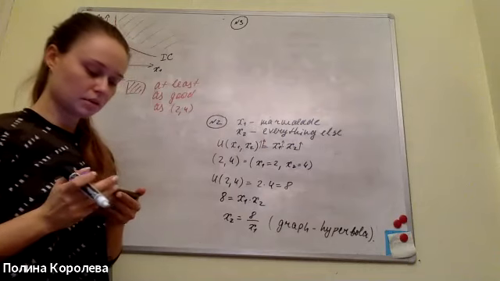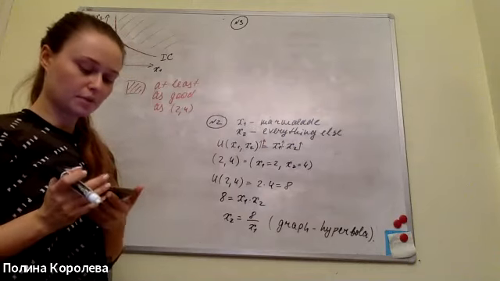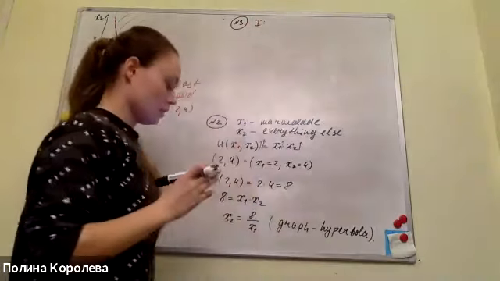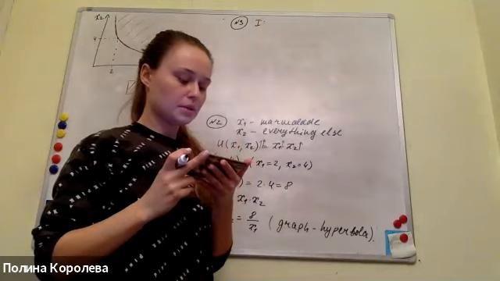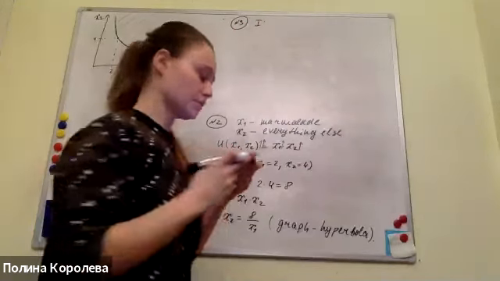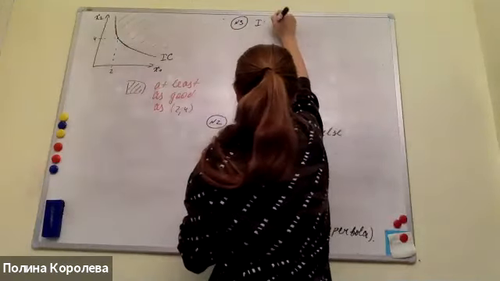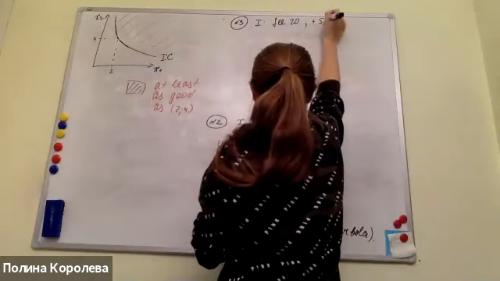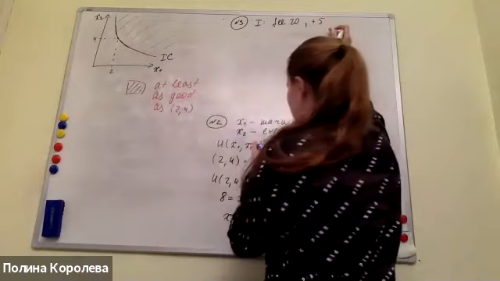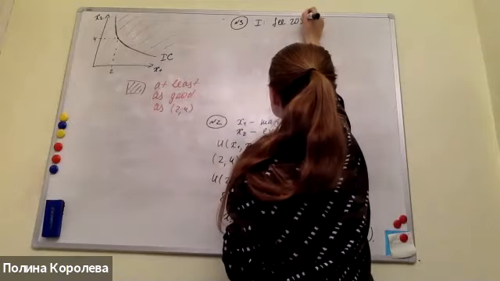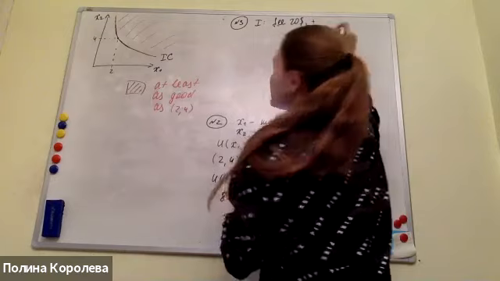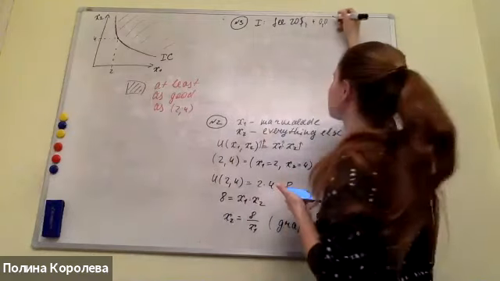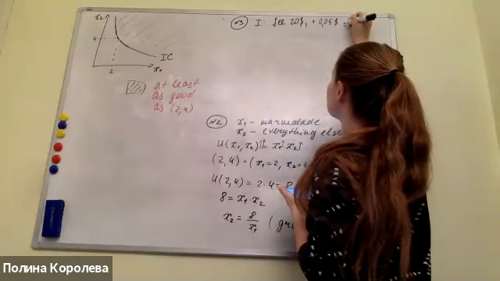A local telephone company offers 3 pricing options. So option 1: a monthly fee of $20 plus 5 cents per call. Fee 20 plus 5 cents per call. 5 cents is how much? $0.05. Yes. Per call.